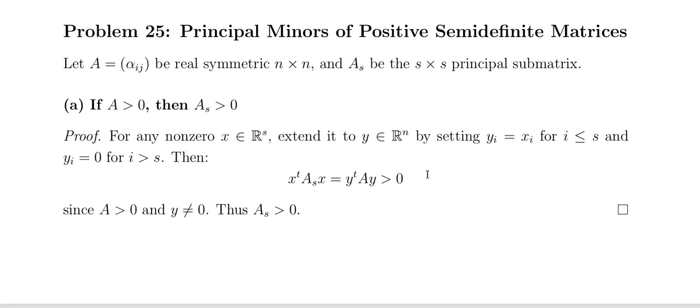And this is a very important one. Let A be a real symmetric n by n matrix. AS என்றது S by S principal submatrix. If A is strictly positive, then AS is also positive. The principal submatrix is also positive.